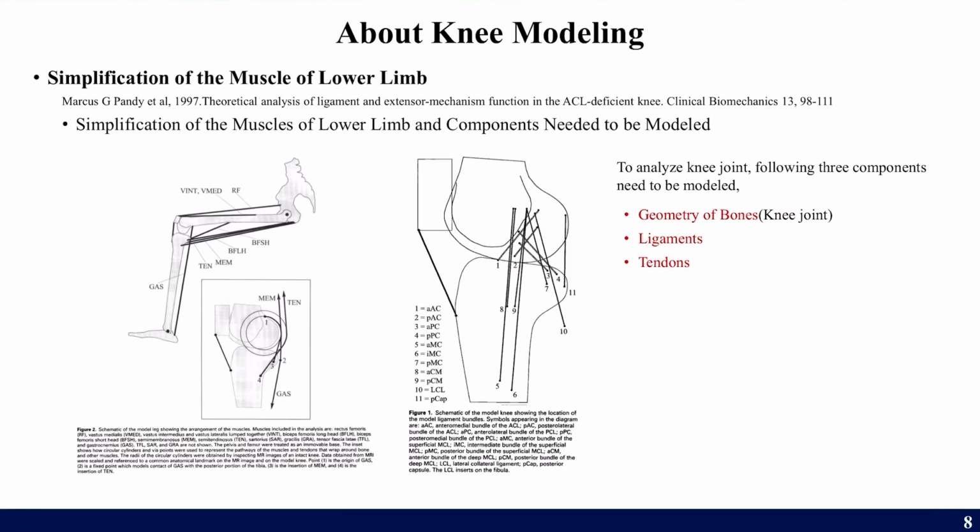Then to do so, I need to model the three compartments. The one is geometry of the bones, and another one is ligament, and the third one is tendons. So I find some articles about the modeling of three compartments. The following pages are what I found.